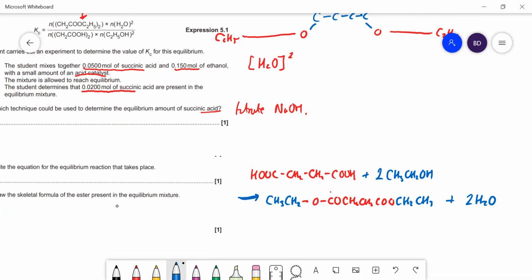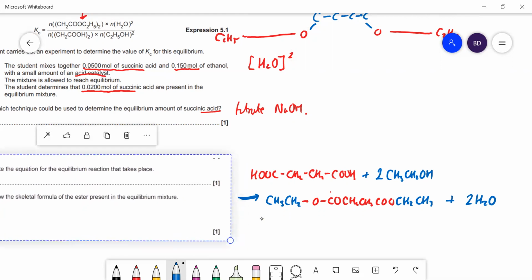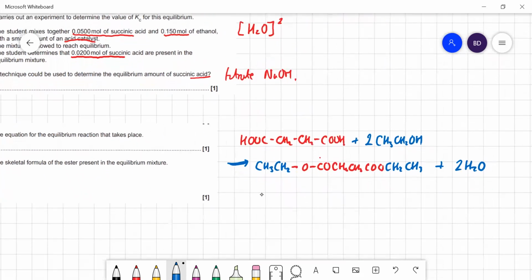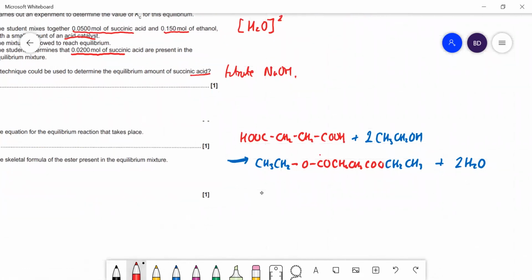Right, draw the skeletal formula for the ester present in the equilibrium mixture. Okay, so we've got our butanedioic acid. I'll draw that in red, I think. So we've got 2 carbons, 1, 2, and then we've got a carboxylic acid on that end there. So let's just number these carbons. Be careful. 1, 2, 3. There's the 4th carbon. There's the carbonyl group on that, and then we've got our ethyl groups, the esters, stuck on here.